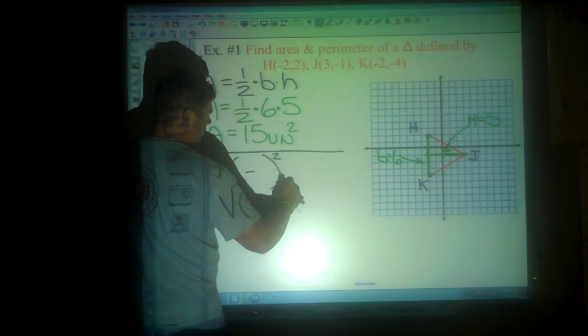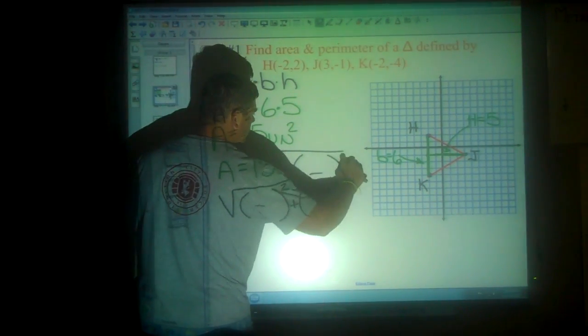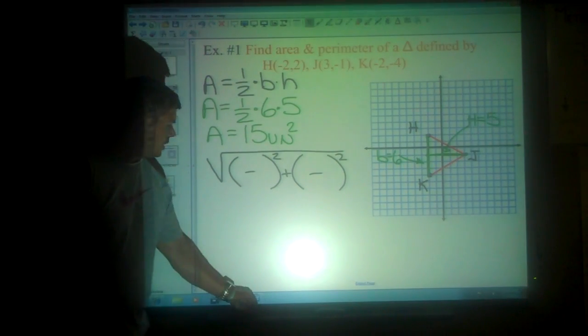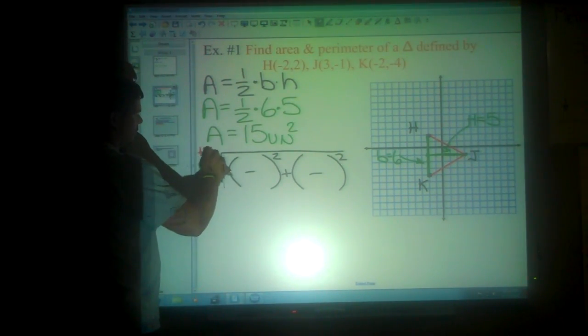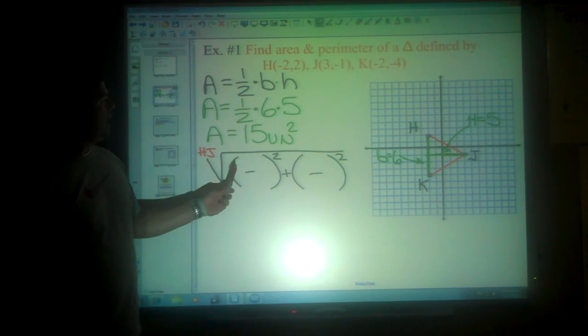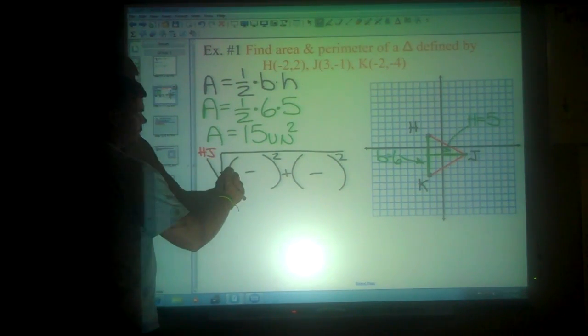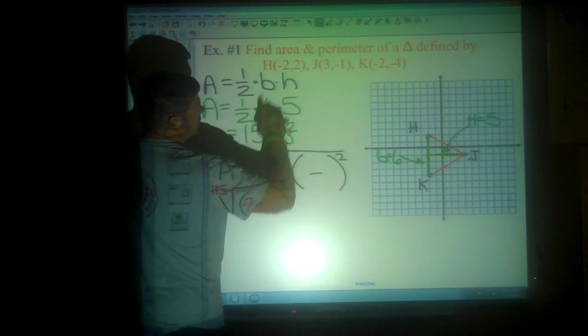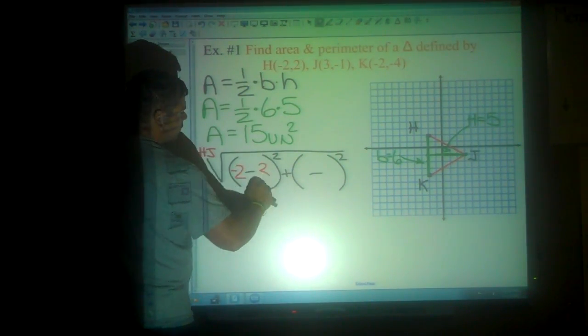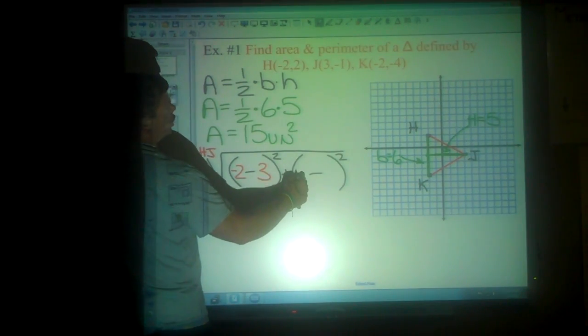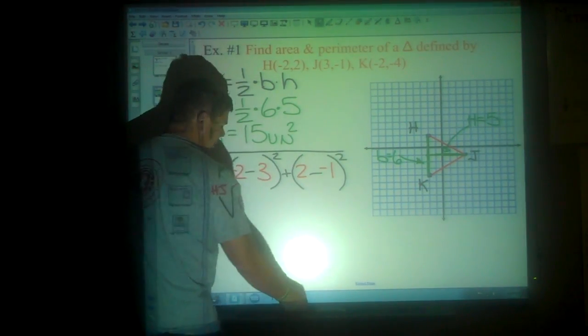I know there's subtraction squared plus subtraction squared, and I'm going to substitute in my x values. I'm going from h to j. So for h to j, I want to put the x's, -2 and 3. Over here go the y's, which are 2 and -1.